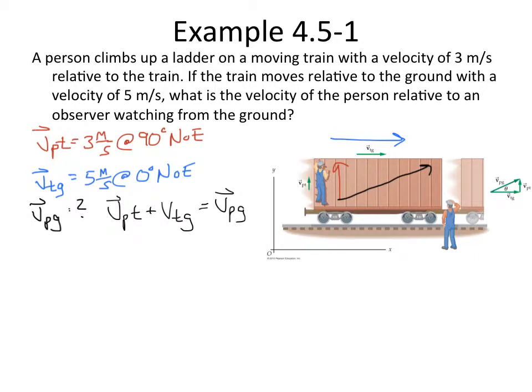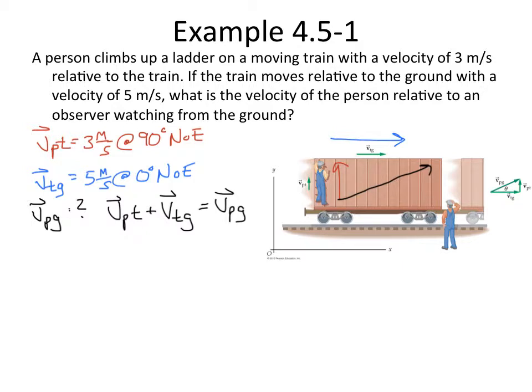And the answer is yes, we can. Everything is in the right order. There may come a time that we need to flip some of these around so that the subscripts are in the right order, but they're in the right order already. That's object 1, that's object 2, 2 and 3, and that's 1 and 3 right there. So now let's just add them up.